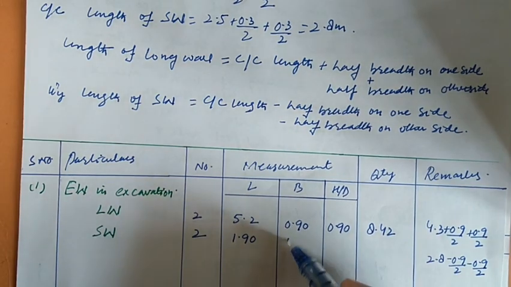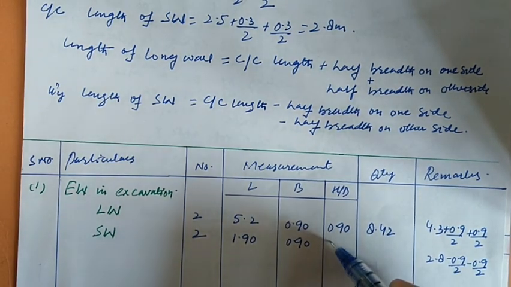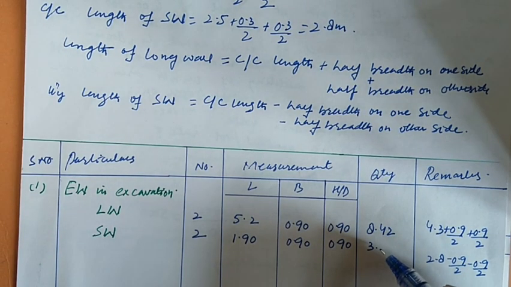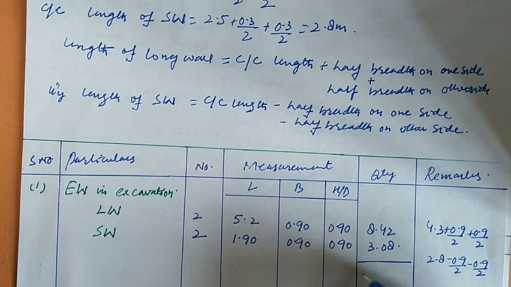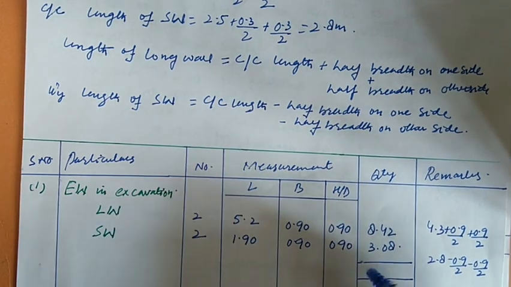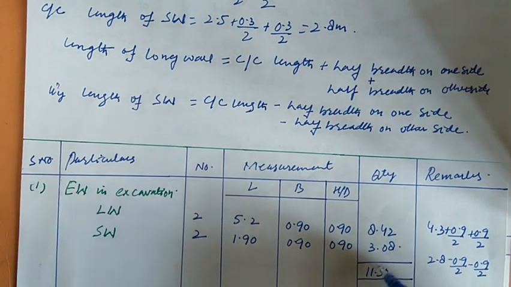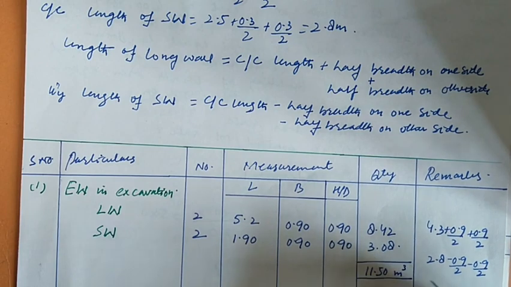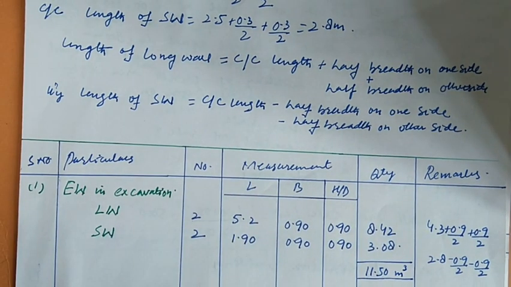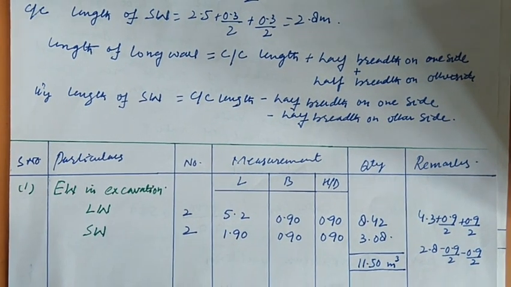Okay, the breadth is same 0.90 and the height is 0.90, it will be 3.08. So I will write here the total, it will be 11.50 and the unit is going to be meter cube, because all the three dimensions are important here.